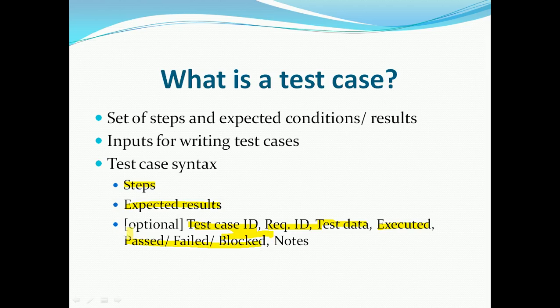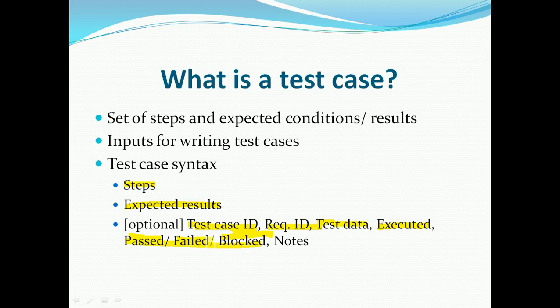In that case, the status of the test case execution will be passed. If even one of the expected results does not match, that means the system was unable to satisfy even a single expectation, then the test case is failed.